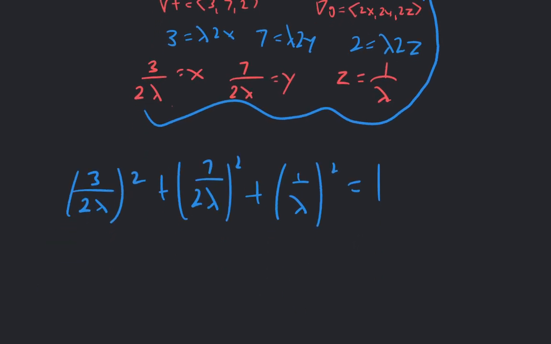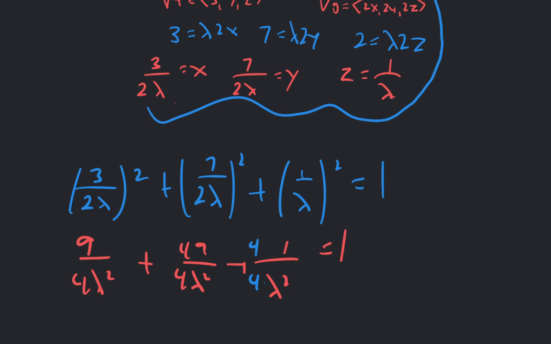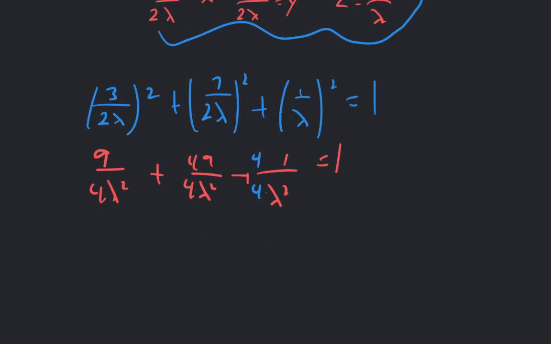Now we just do a little bit of arithmetic. 9 over 4 lambda squared plus 49 over 4 lambda squared plus 1 over lambda squared, and this is almost ready, but we have to combine this, so just multiply this by 4 over 4. And then we have 9 plus 49 plus 4, which would give us 62 over 4 lambda squared is equal to 1.